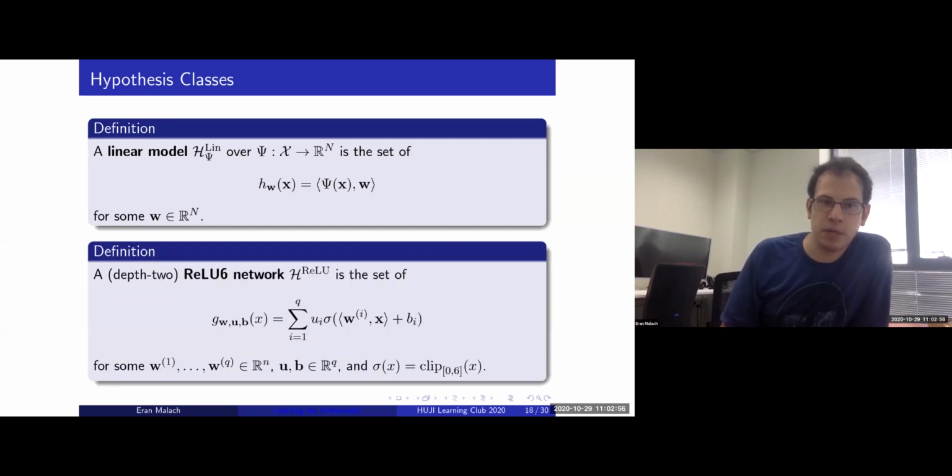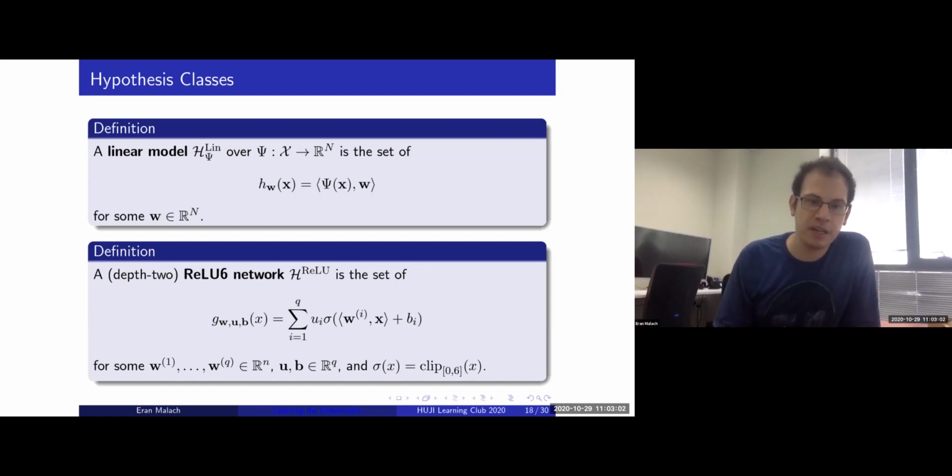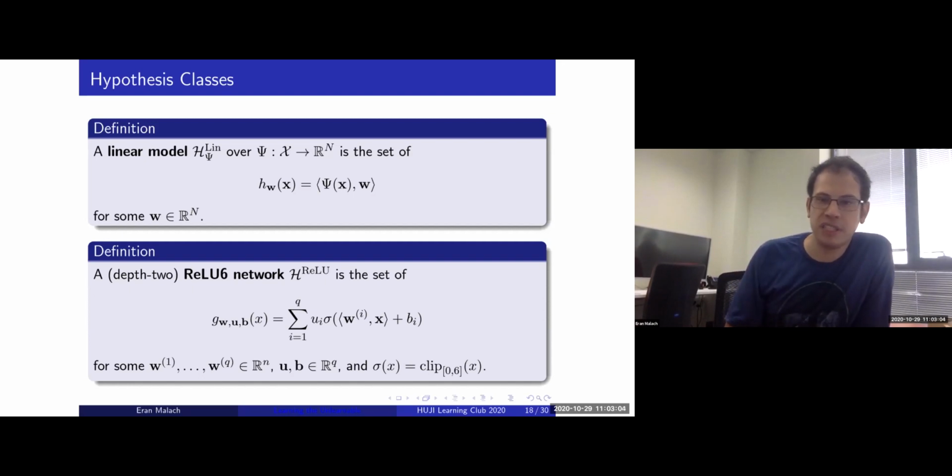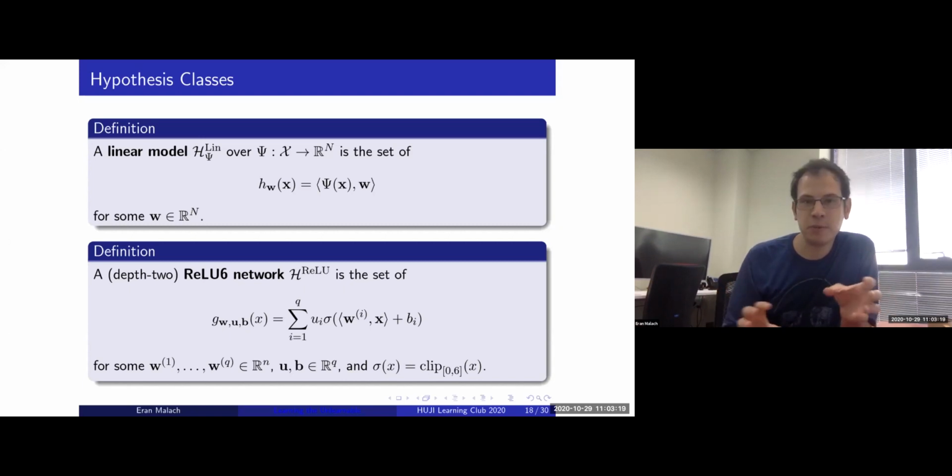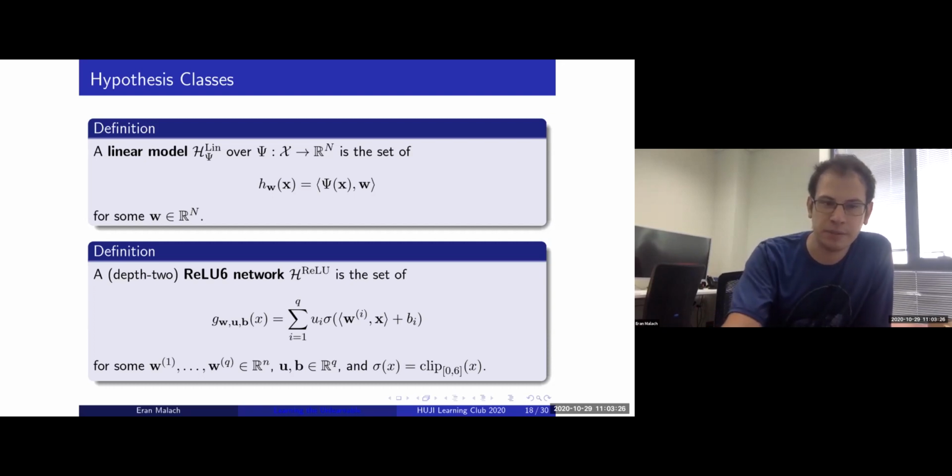And the second model would be ReLU networks. We're focusing on ReLU for not so interesting reasons, but this is the network architecture that we will analyze. This is just a standard ReLU network with one hidden layer. So these are the two models, and the question we ask is, are they in some way the same thing when we're training them in practice?